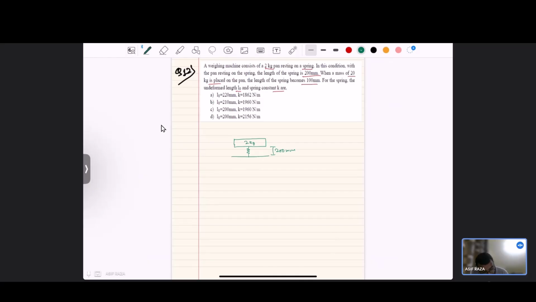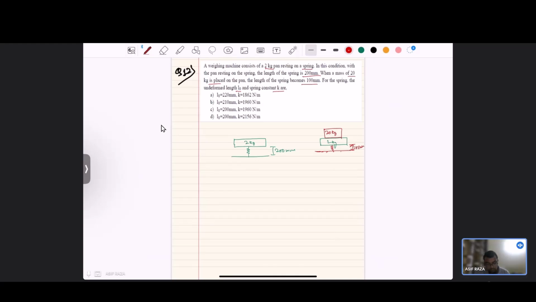When the additional weight is applied, this is a 2 kg pan, then suppose a 20 kg weight is applied on it, the spring compresses more, and now the length becomes 100 mm.